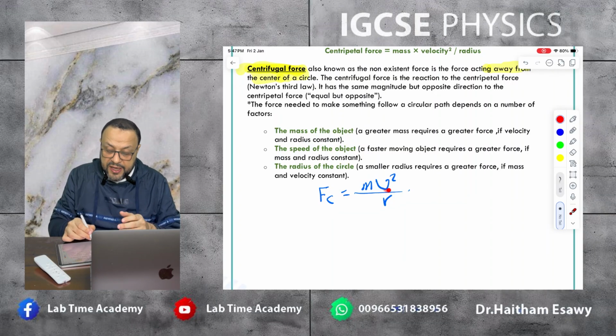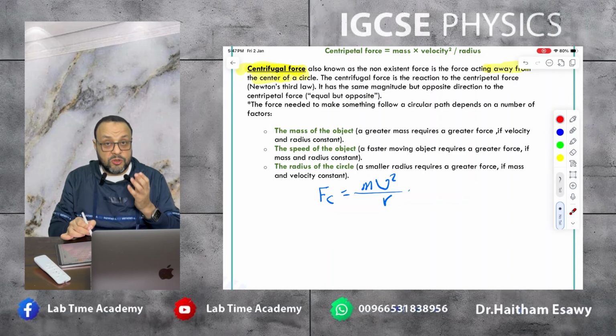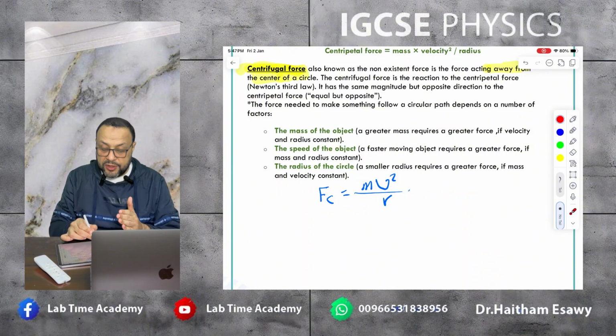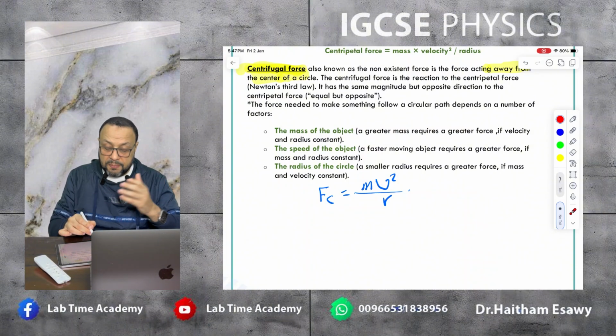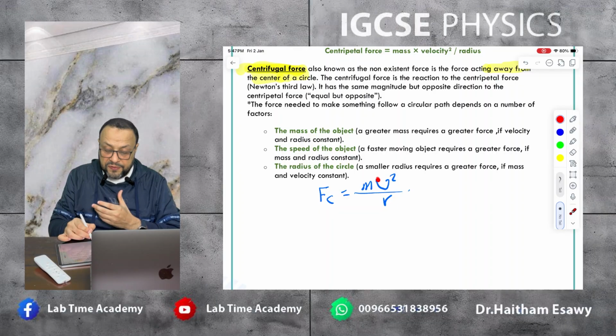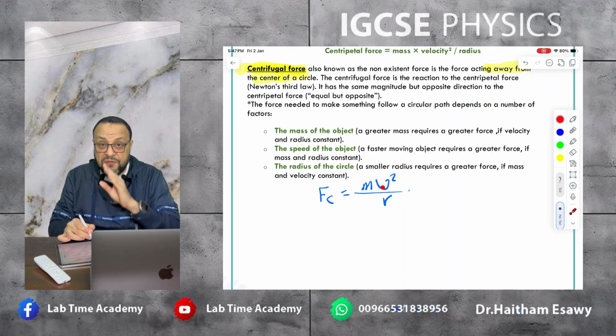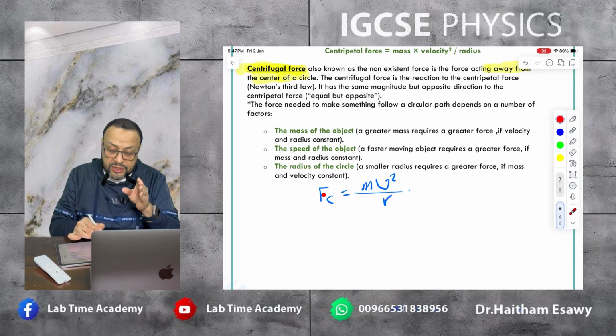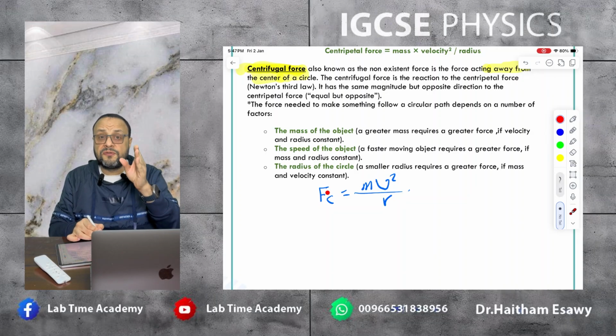What will happen to Fc if we double the velocity of the object, and M and R are constant? As you said, V and Fc are directly proportional, so the centripetal force increases. But I said the velocity increases to double, so you have 2 to the power of 2, which is 4. This means that the force will increase by a factor of 4.